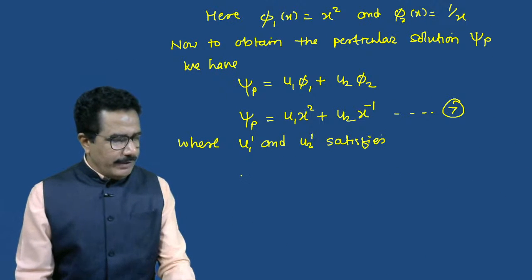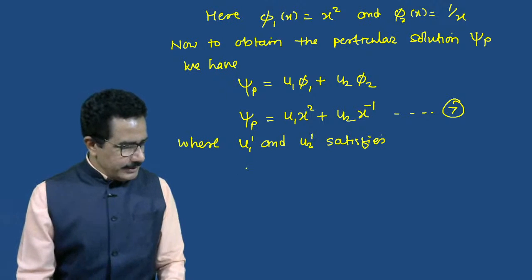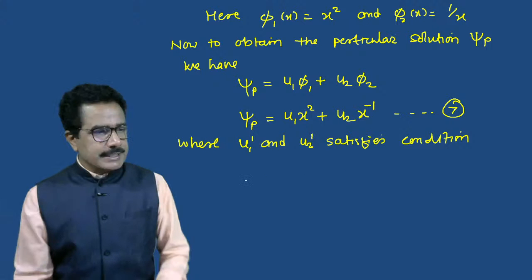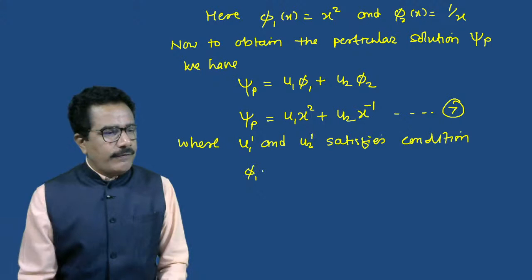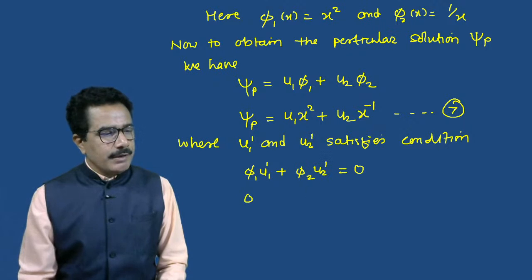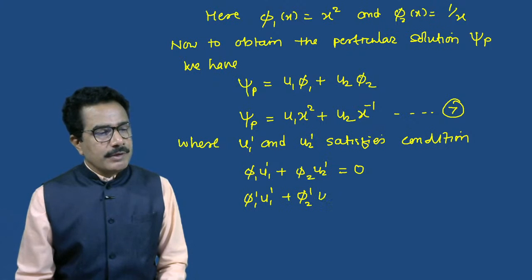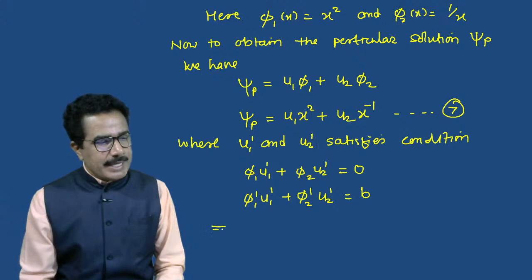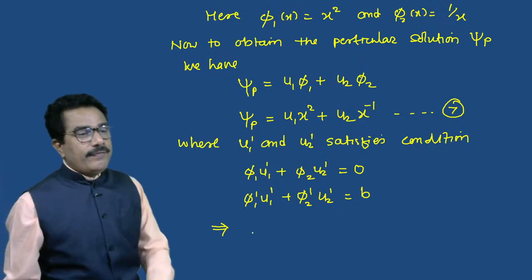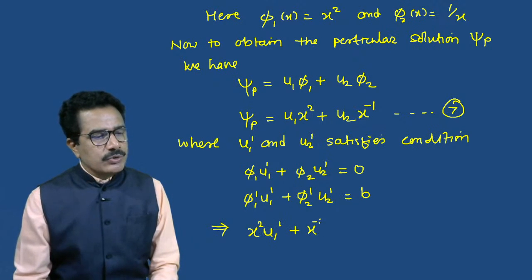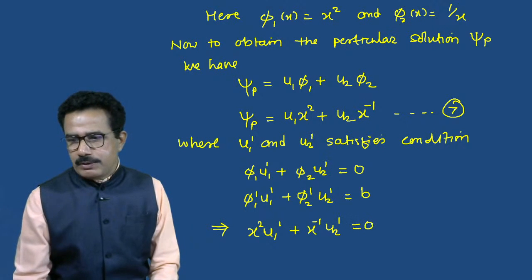So phi1 u1 dash, satisfying the condition, I shall write this condition: phi1 u1 dash plus phi2 u2 dash which is equal to 0, phi1 dash u1 dash plus phi2 dash u2 dash which is equal to b. These conditions are satisfied, so this implies, how can we write this now, phi1 means x square u1 dash plus x raised to minus 1 u2 dash which is equal to 0.